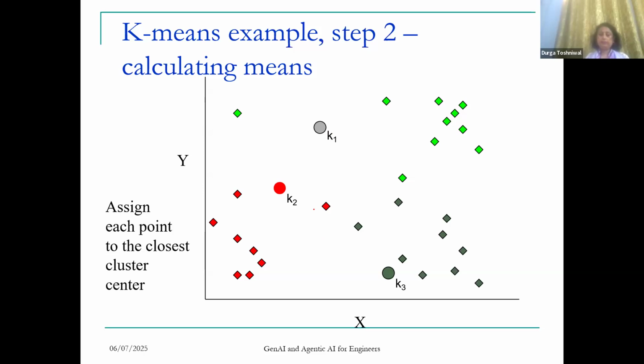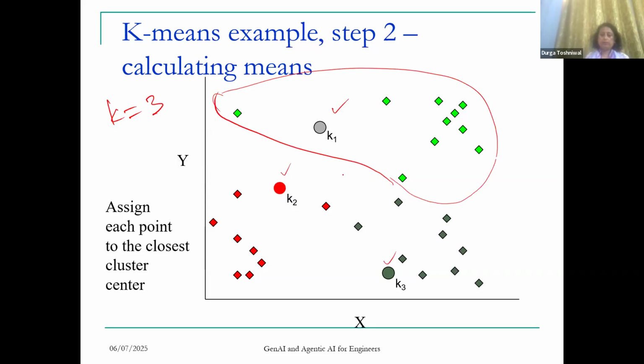On the basis of these, since K is equal to 3, you are seeing these three cluster centers, K1, K2, and K3, and the different points that have been allocated to them. For example, you can see these points have all come to this cluster center K1.